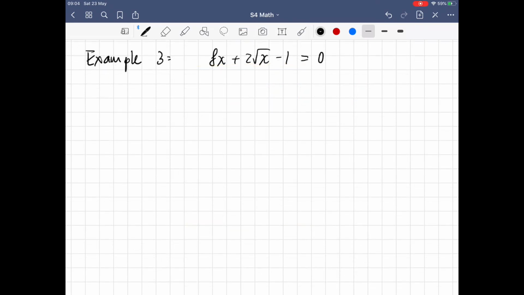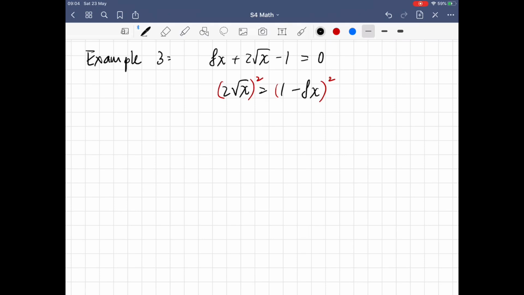In example 3, we have 8x plus 2 times the square root of x minus 1 equals 0. Again, we put the term with the square root on one side, while all the other things on the other side. And afterwards, we take the square on both sides.